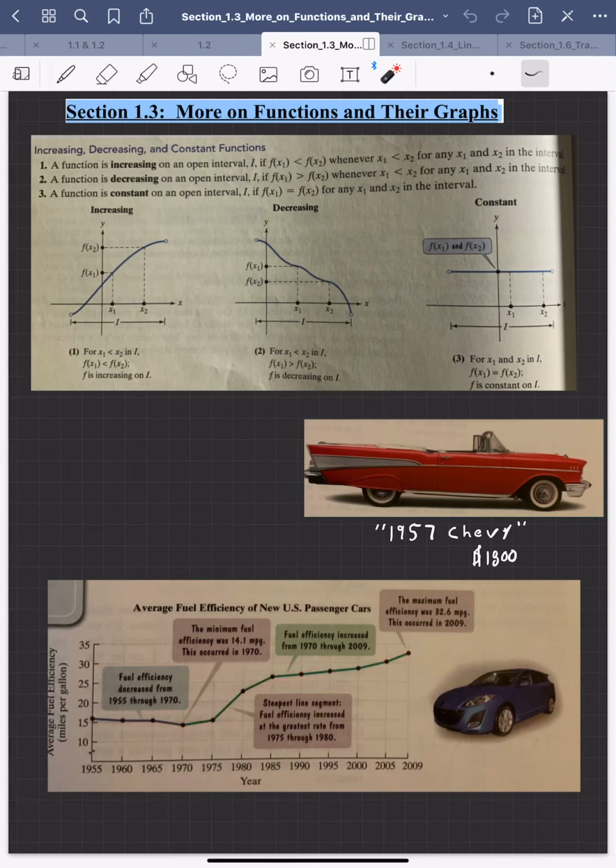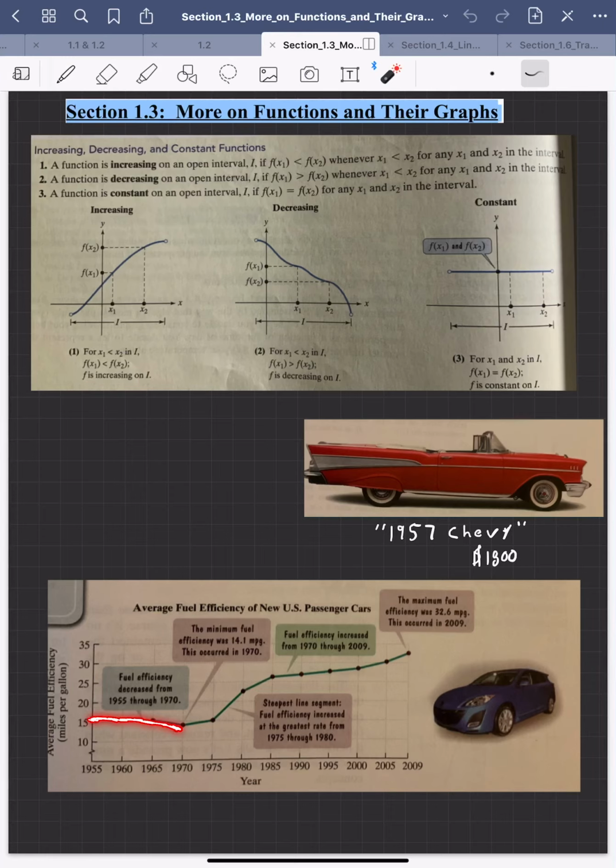Now, the questions that we're going to ask are going to look something like this. We might give a graph and say, state the intervals of time where the graph was decreasing. So you can see that miles per gallon is decreasing all the way up through the 70s, right?